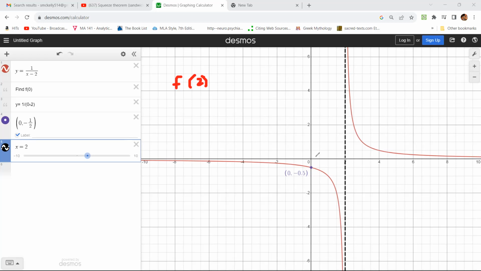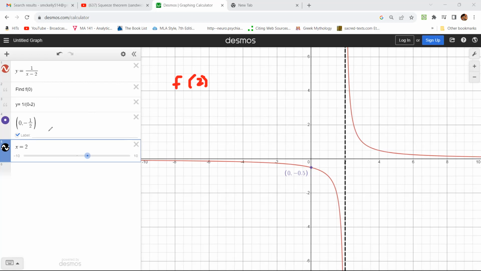So what does f of 2 equal? It does not exist. It's undefined because remember, 2 goes in my x, right? 2 goes in my x here. So I would get undefined, right?